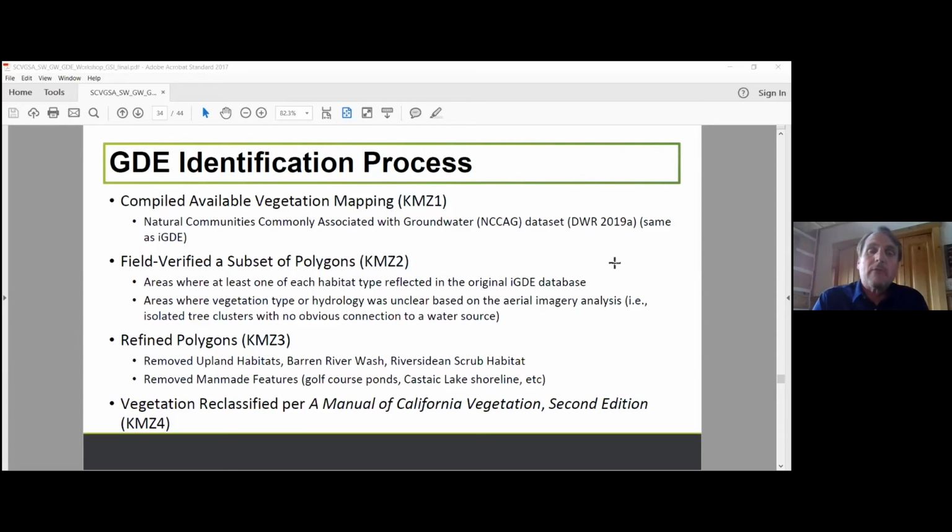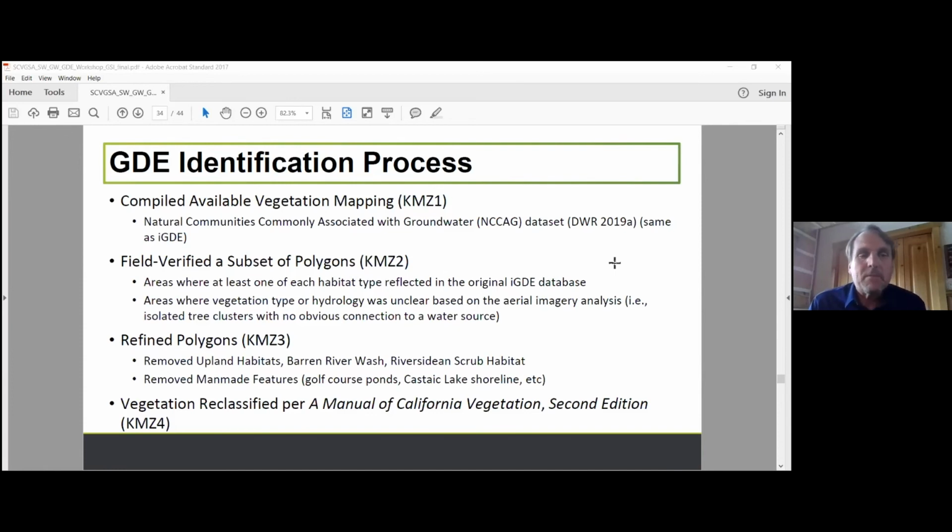There's a lot of Riversidean sage scrub habitat in this watershed, and it survives on the hillsides and on the edges of streams when they are dry. And so we removed those habitats from our GDE map. We also removed man-made features like the golf course ponds. Castaic Lake shoreline was removed because of the man-made perennial water sources.